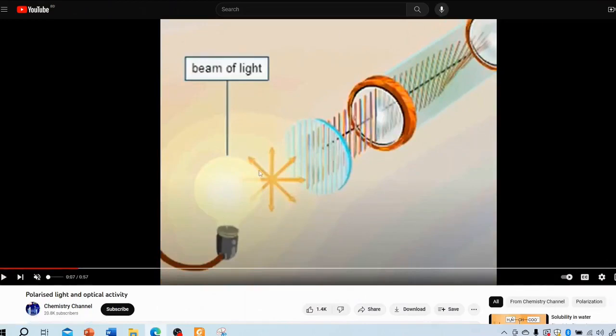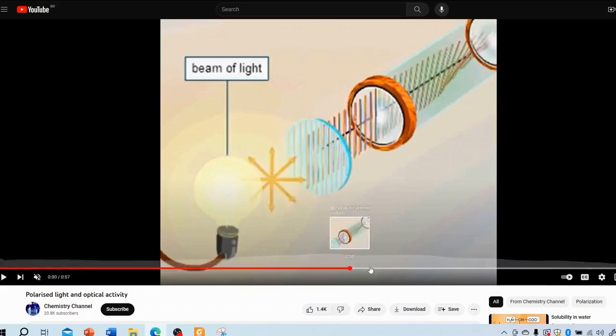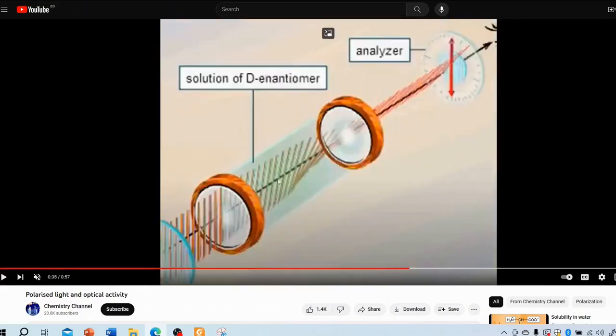This was the source of light waves vibrating in all these directions. But after passing through this Polaroid filter, they only vibrated in the vertical plane. And in this container here, we have some D enantiomer, some optically active compound or optical isomer.